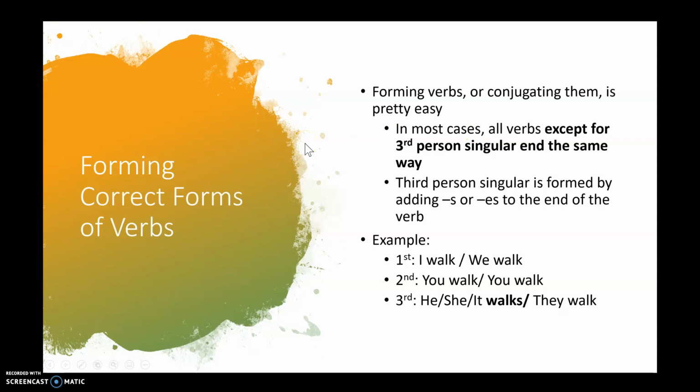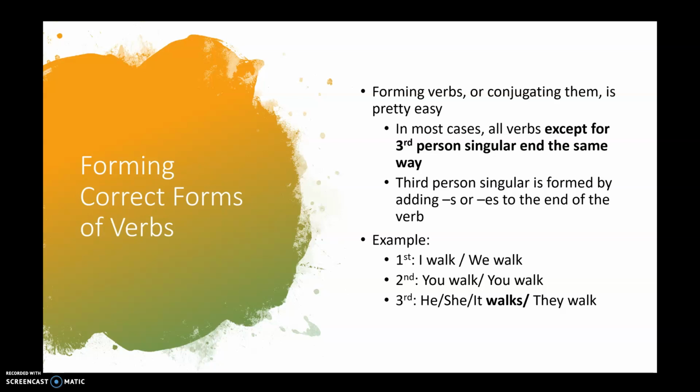Forming verbs, which is called conjugating them, is really pretty easy in most cases, with the exception of some irregular verbs, most of which you've probably already memorized through usage. We form verbs in pretty much the same way. All except for third person singular is formed the same way. Third person singular is different because you add s or es to the end.